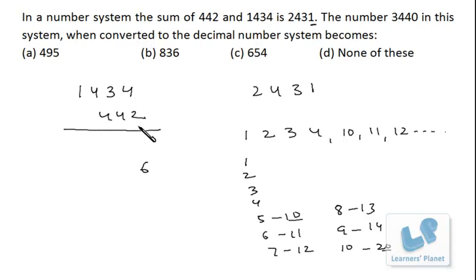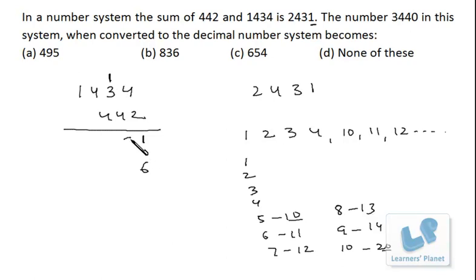Now let's try to find out the sum. Actually it is not necessary to find the sum, but for better clarity of concept I just tell you how to add the numbers in some other system. Here we are having 4 plus 2, 6. Now 6 we write as 11, so I put 1 over here and 1 will be carried. Okay, now 3 plus 1, 4 and 4, 8. Now how do we write 8? 8 as 13.